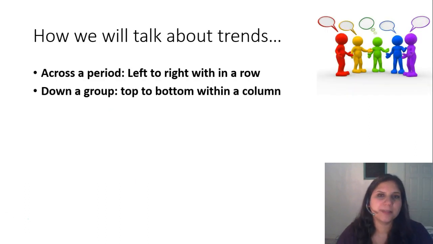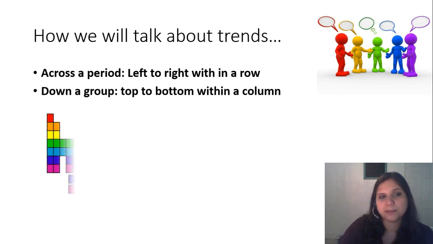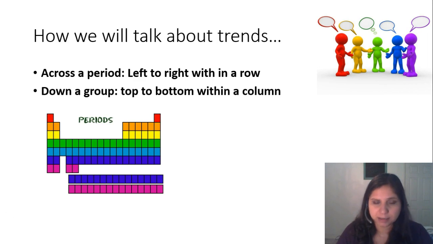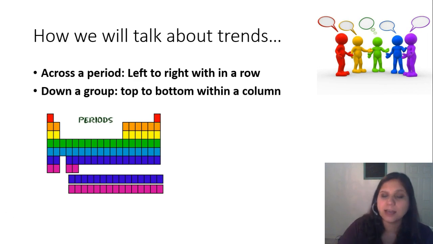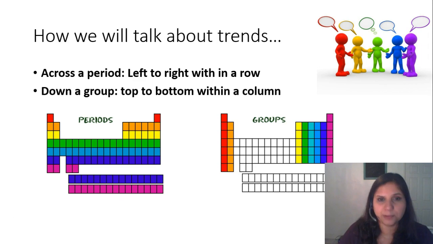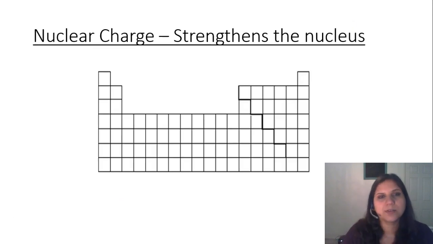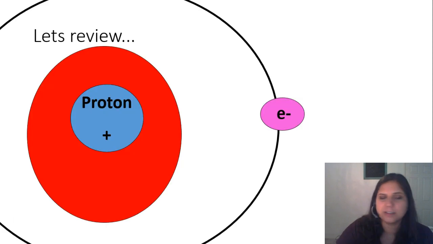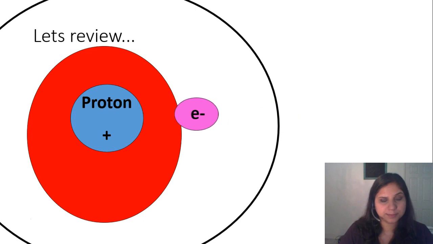In order to talk about the trends on the periodic table, we'll look at it two ways. One, across a period, so from left to right within a row, and down a group from top to bottom within a column. So again, let's talk about nuclear charge and how it strengthens the nucleus. And so protons attract electrons.